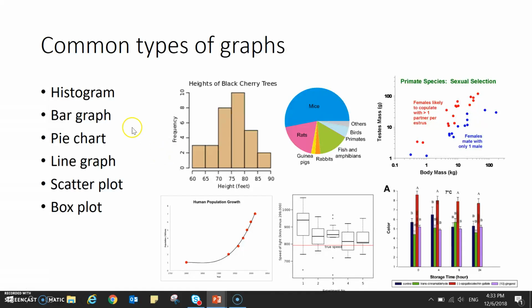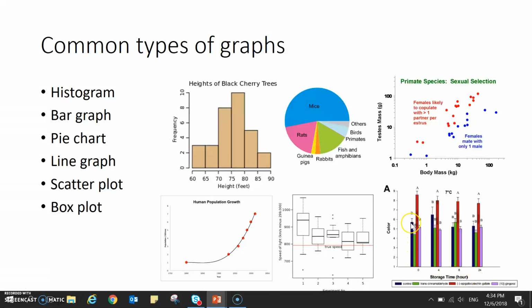Another common type of graph is the bar graph, such as the one that is shown here. This graph shows you the color intensity at the various storage times, and it shows you that of 4 treatment groups, including the control and 3 other treatment groups in this case.